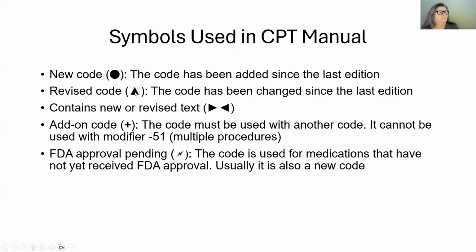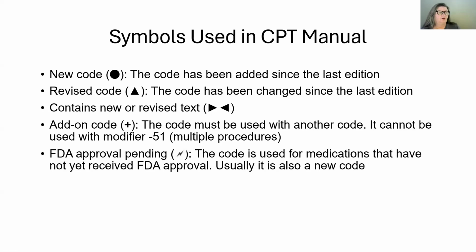If you see this little blacked-in triangle, that means the code has been changed since the last edition. If you have these little arrows at the beginning and the end of text, that means it's either new or revised text. So maybe the narrative has changed a little bit. The plus symbol is an add-on code.